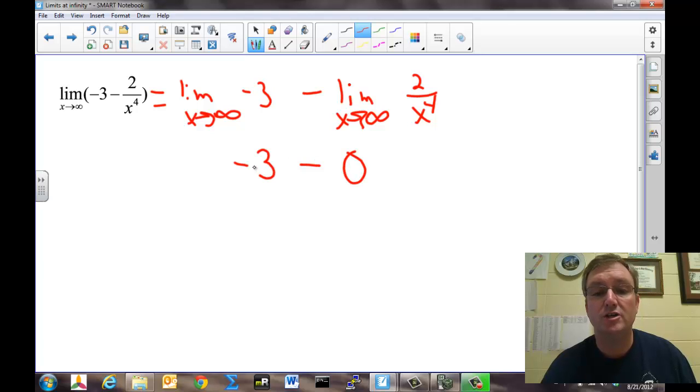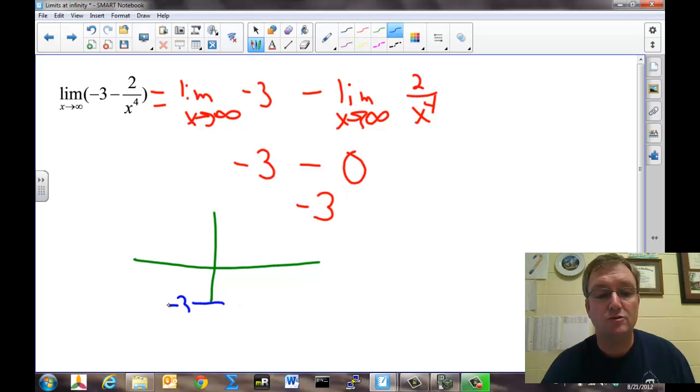So this function, -3 minus 0, if we do the algebra, we get -3. So we can say that this function here, as x gets larger and larger, is approaching the number -3. So what does that tell us about trying to graph this? If we are looking at this function, we know that as it gets further and further out here, the function is going to be getting closer and closer to the number -3.